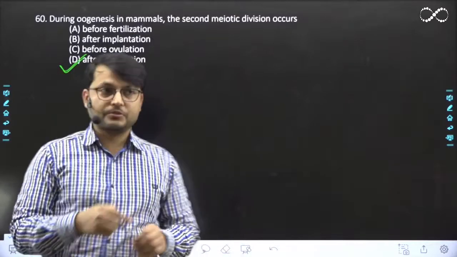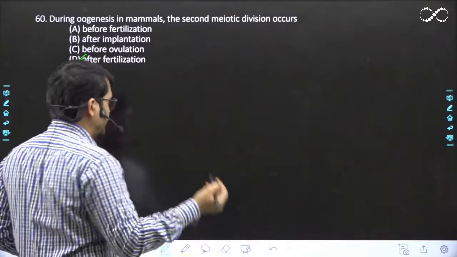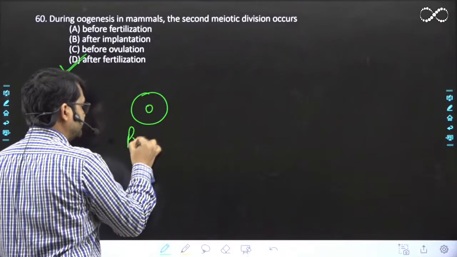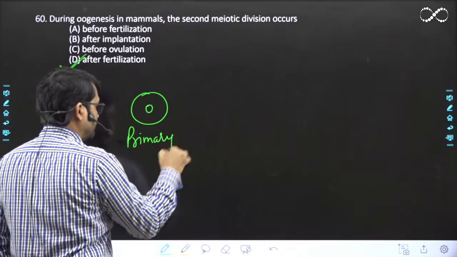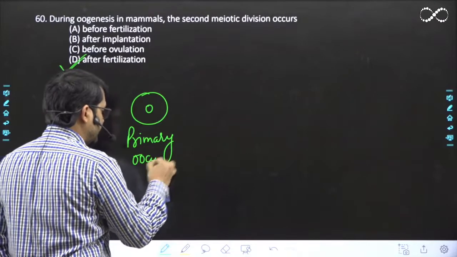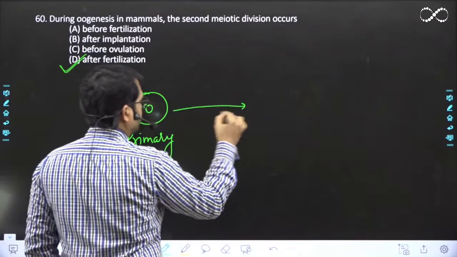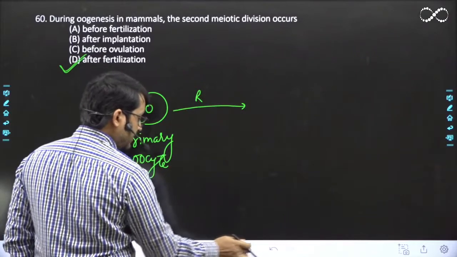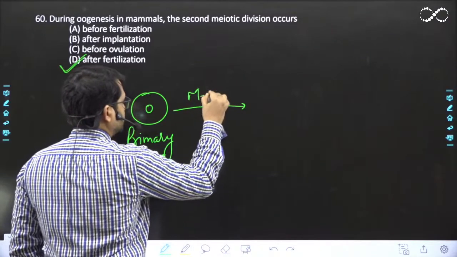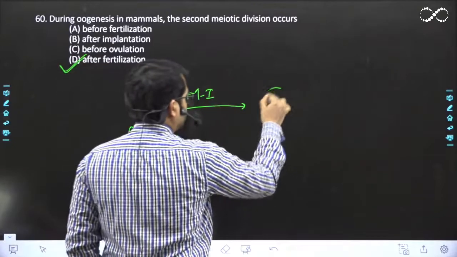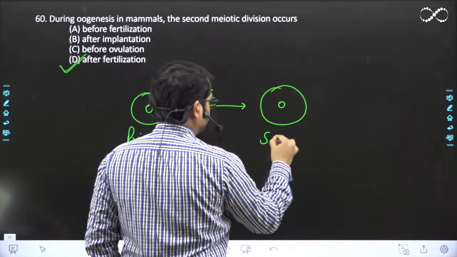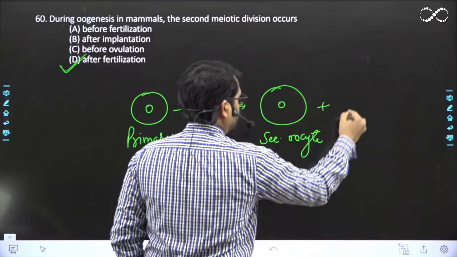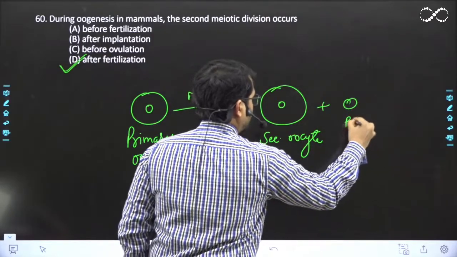See, how it happens is, when we look at oogenesis, the primary oocyte undergoes the first reduction division, or meiosis 1, and forms the secondary oocyte plus a smaller cell called the polar body.